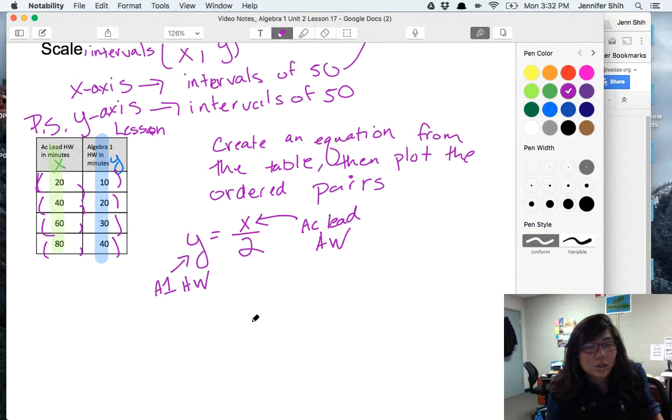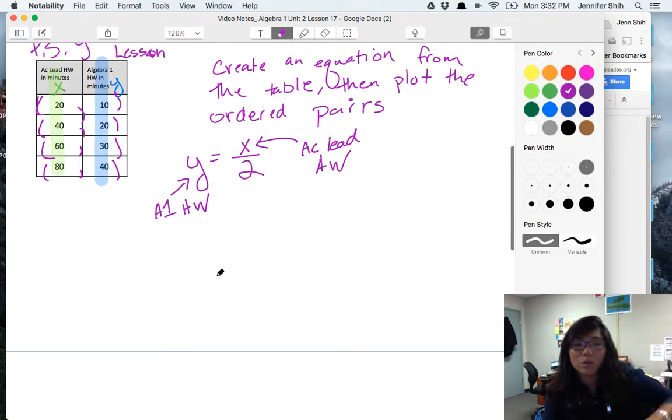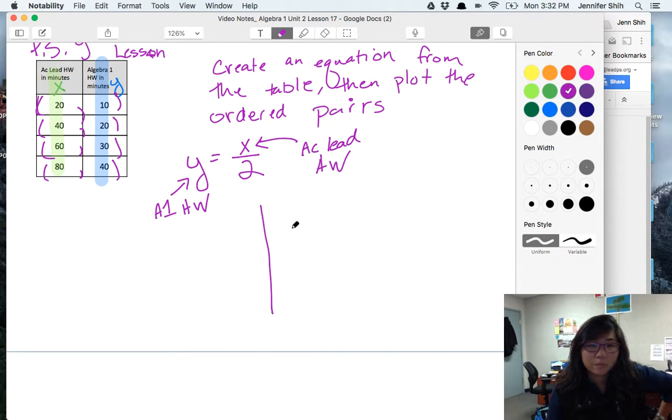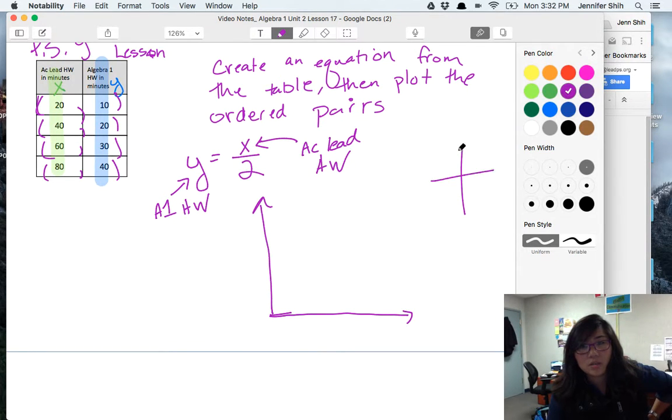Now what we're going to do is graph it, meaning plot the ordered pairs. We're going to talk about scaling, coordinate points, et cetera. First of all, let's draw out our x and y graph. Sometimes it looks like this. More commonly, your x and y graphs look like this.